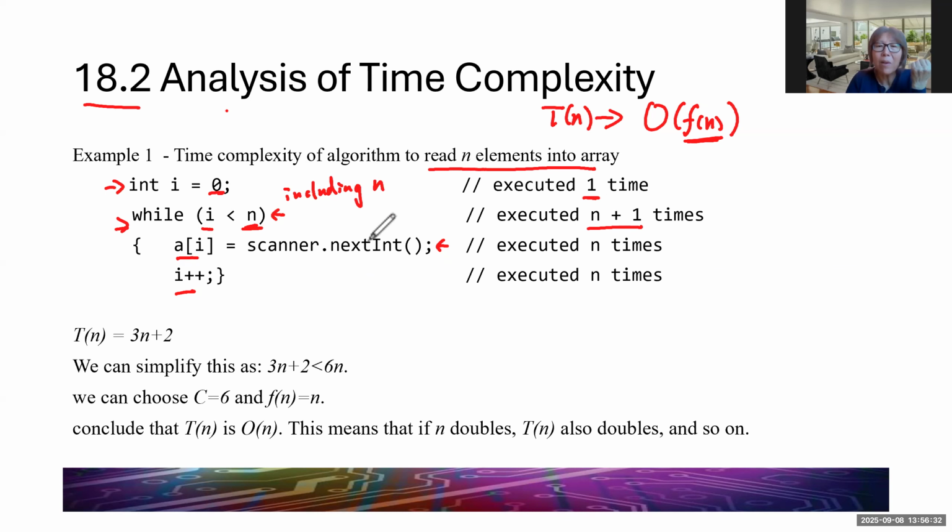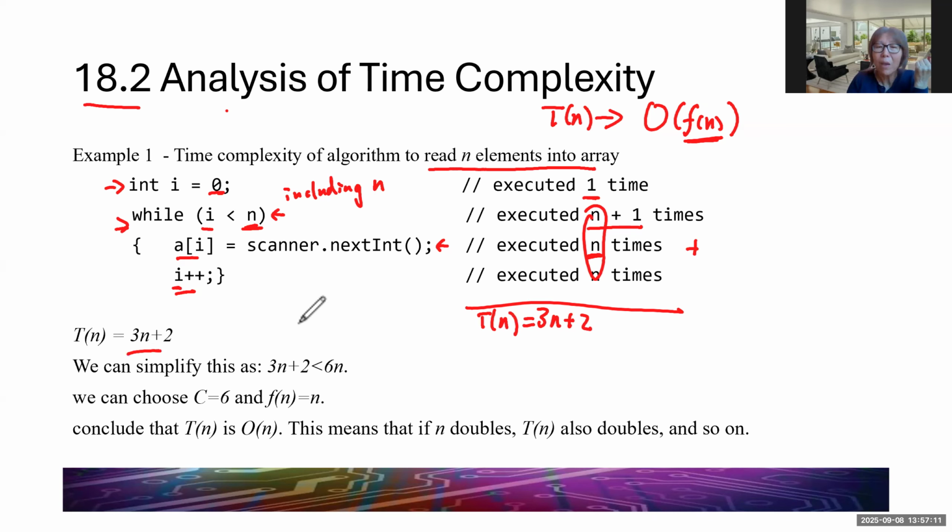Then within the loop, this input statement will be executed n times, because when I is n, it's not included in the loop. And the same thing, this I increment will be executed n times. So then we can sum up the times: we have 3n plus 2. That's how we come up with Tn is 3n plus 2.